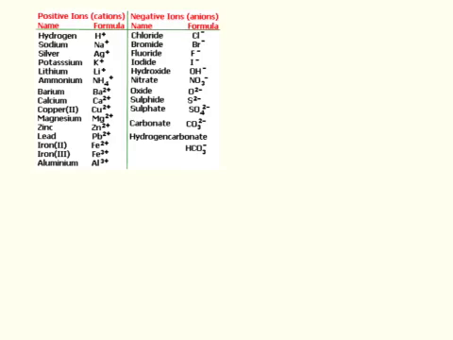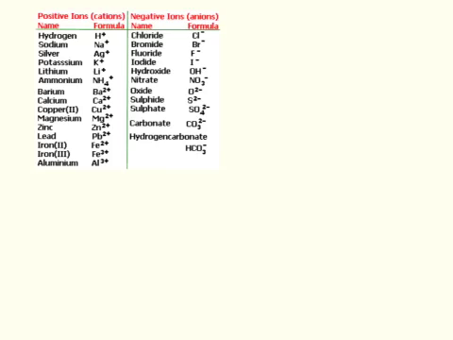What you need to do is go to your valency table and have a look at silver. Silver is Ag+. Find sulfide. Sulfide is S2 negative. So step 1, we write down our two ions, Ag positive and S2 negative.